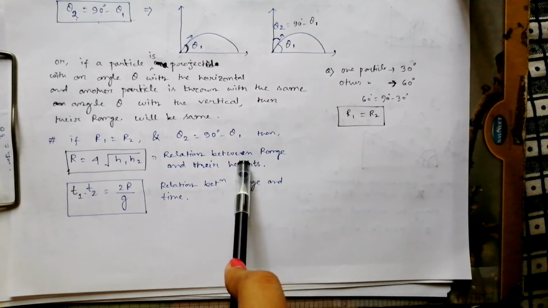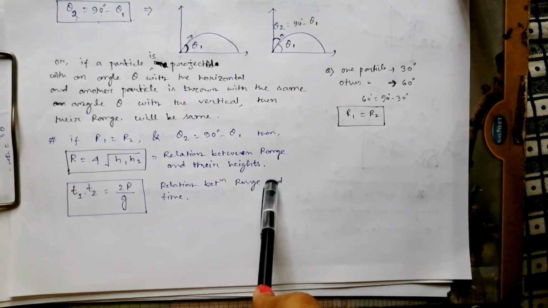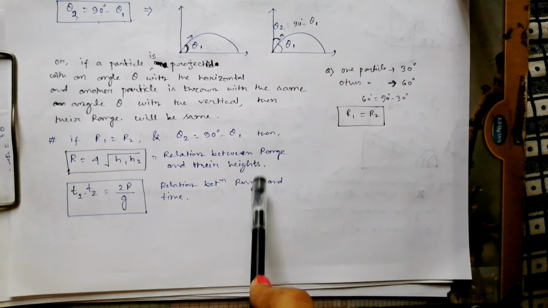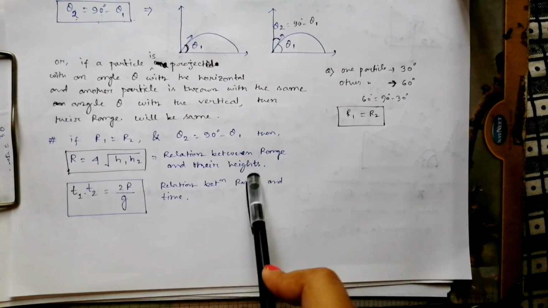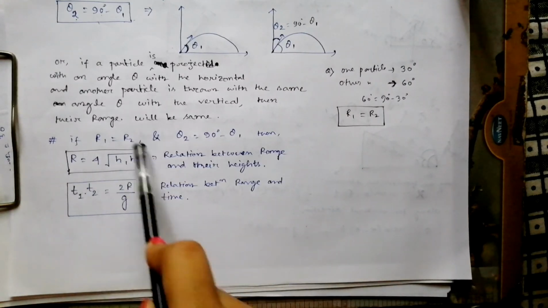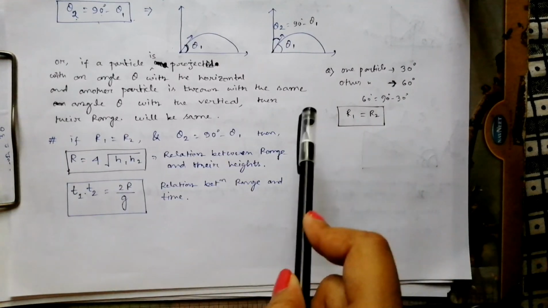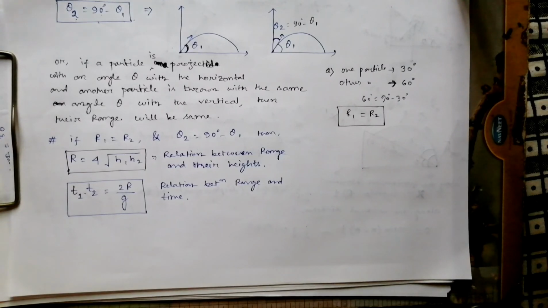In multiple choice questions or in competitive exams, we need to do the problems as quickly as possible. So if you remember this equation, you will get the right answer in seconds.